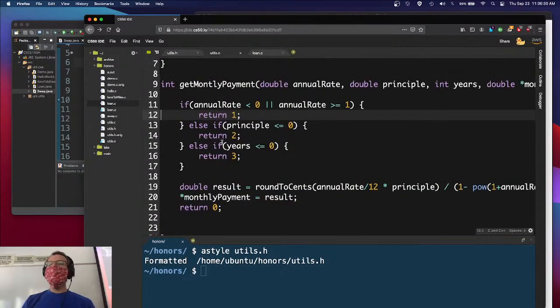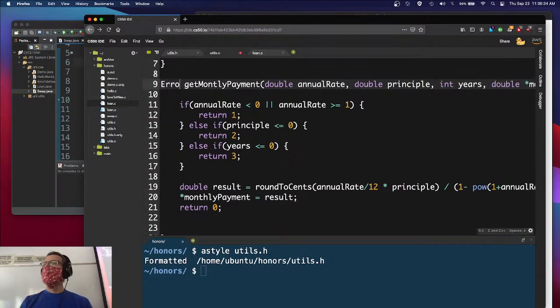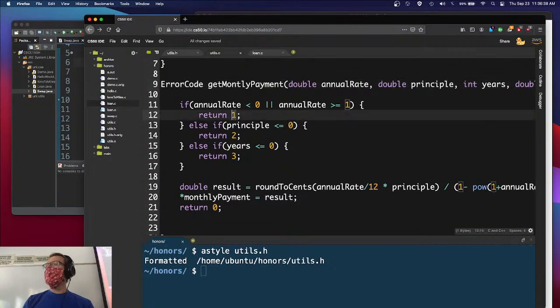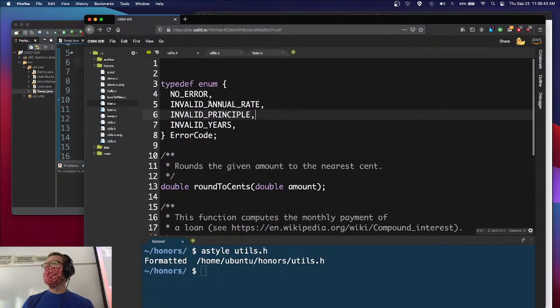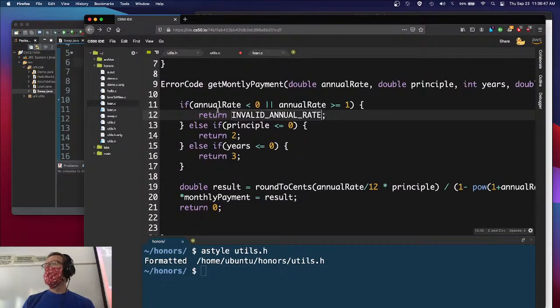Let's go back over here, and instead of returning an integer now, what do we return? An error code. Right? Instead of returning 1, what do we return now? Well, what did I call it? I forget. Invalid annual rate. Invalid principal. Invalid years, I think I called it.